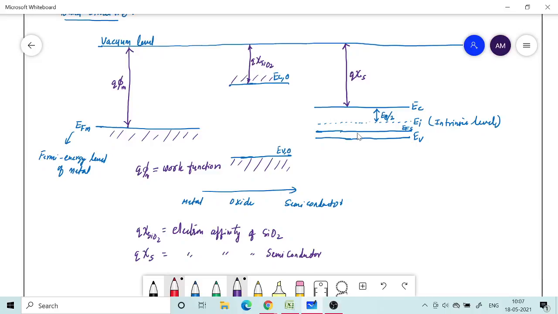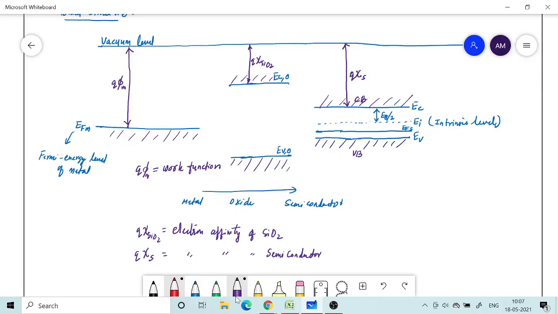Whereas EC is actually a physical energy where you can put electrons. There is a band here which is called the conduction band, and there is a band here which we call the valence band. Electrons can be present in the conduction band, and they can be present in the valence band.